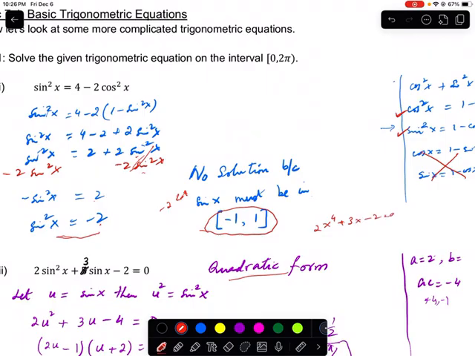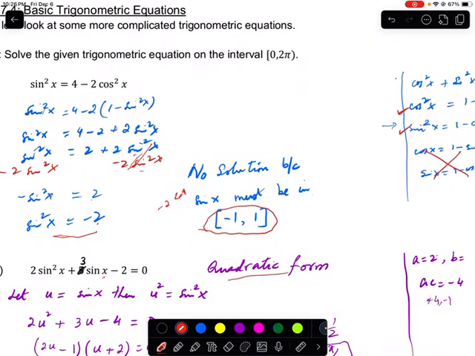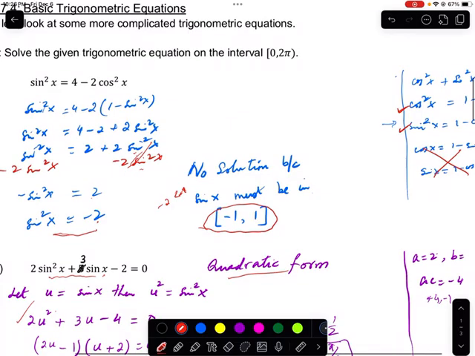We will not use x here because x is being used in the equation. So I can say let u equal sine of x, then u square will be sine square x. I can transform my equation into u, and then I factor. You should know how to factor this. If not, you can use the quadratic formula.